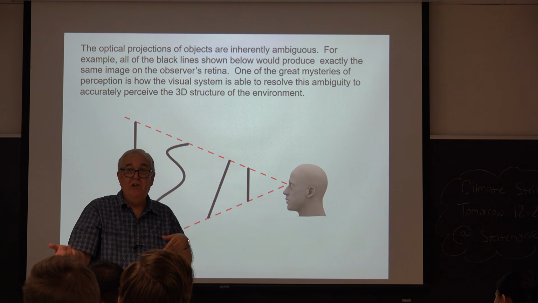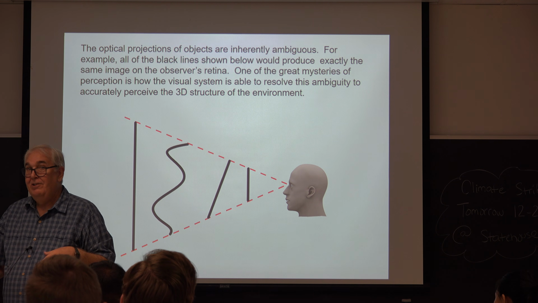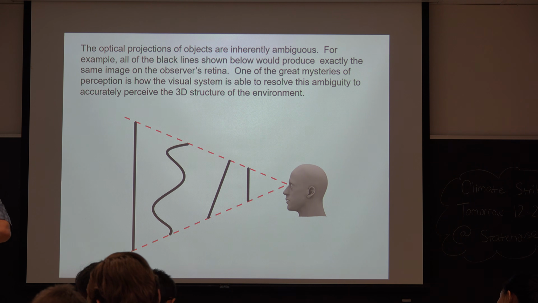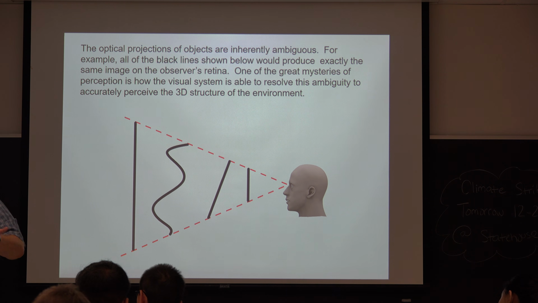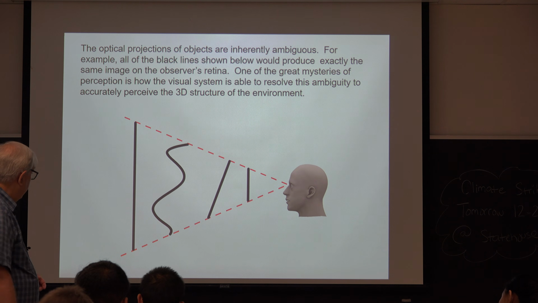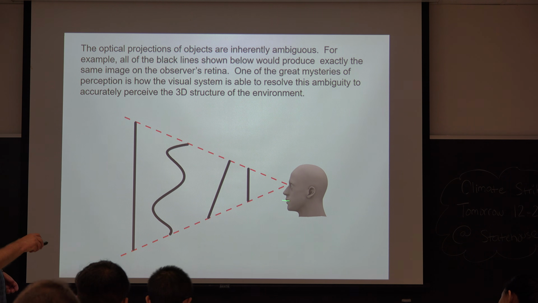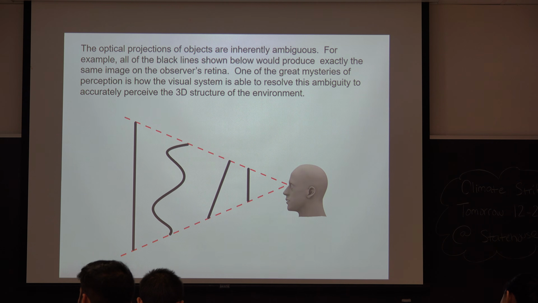So curved things can project to straight things. The converse is not true. Straight things can't project to curved things, but curved things can project to straight things. That turns out to be an important principle that we'll be talking about throughout this lecture. But the net result in this particular case is all these project to the same point on the eye.